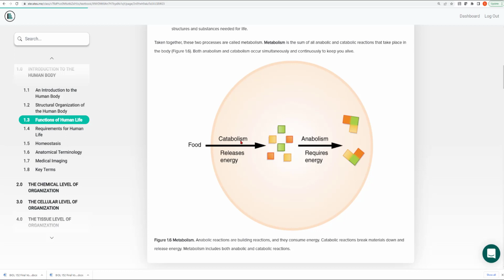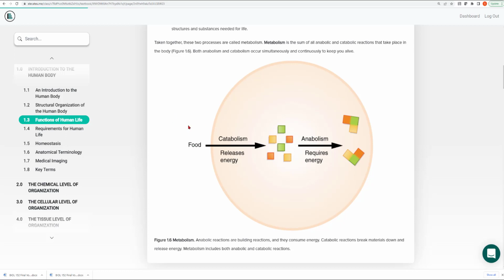Those molecules are going to get broken down into smaller pieces. As those catabolic reactions are occurring, energy is being released. That energy is then going to be used to complete anabolic reactions or do anabolism. Anabolic reactions require energy. So they take the energy that was broken down and released and use that energy to now rebuild molecules that your body needs.